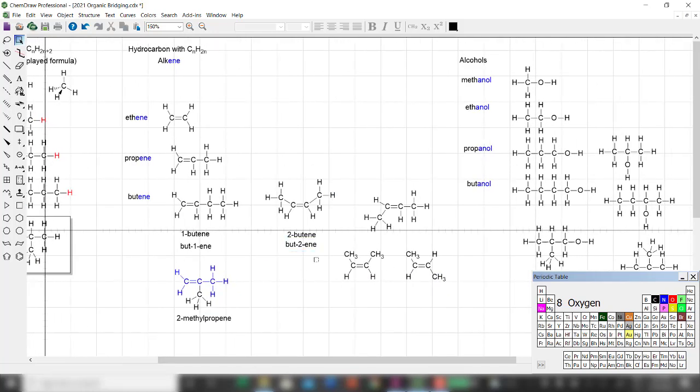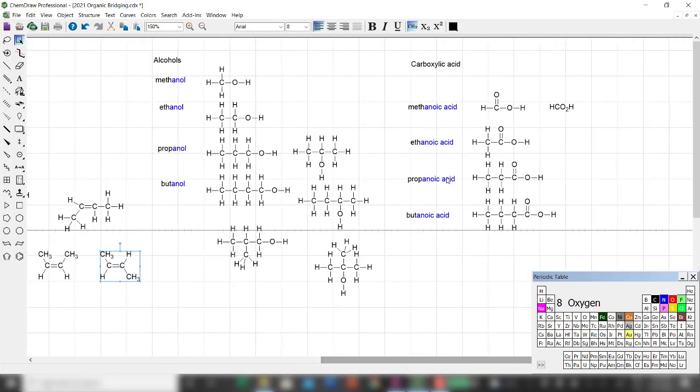And then I briefly introduced you to cis-trans isomers, where they differ in their projection in space between the cis isomer and the trans isomer. After that, I moved on to alcohols, where I showed you that the naming is similar from methanol all the way to butanol, and the position of the OH can also vary for 3 carbons and above.